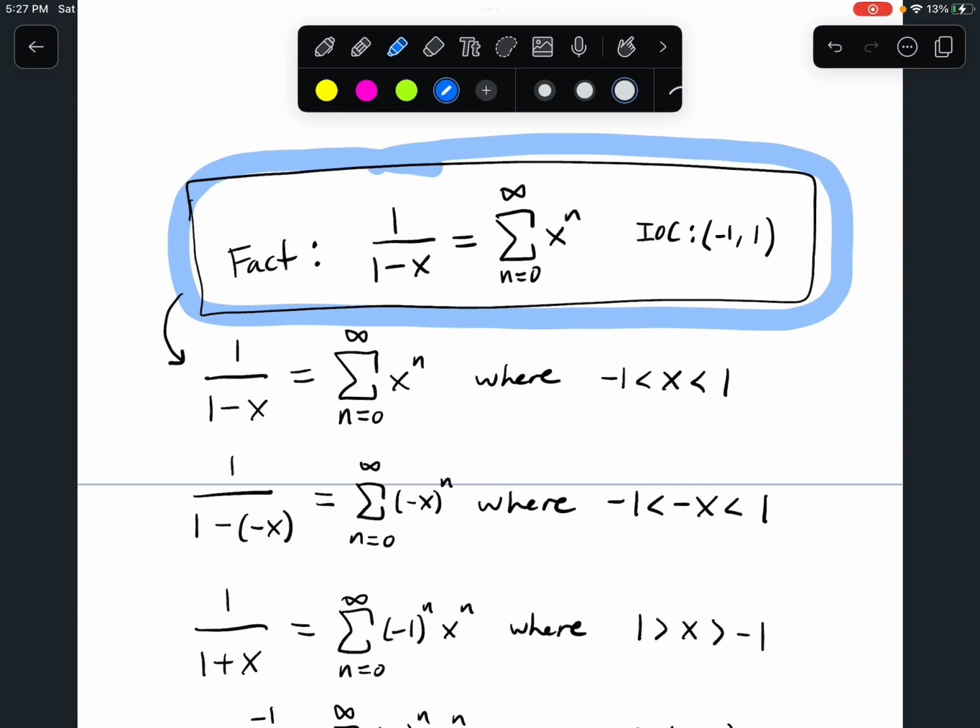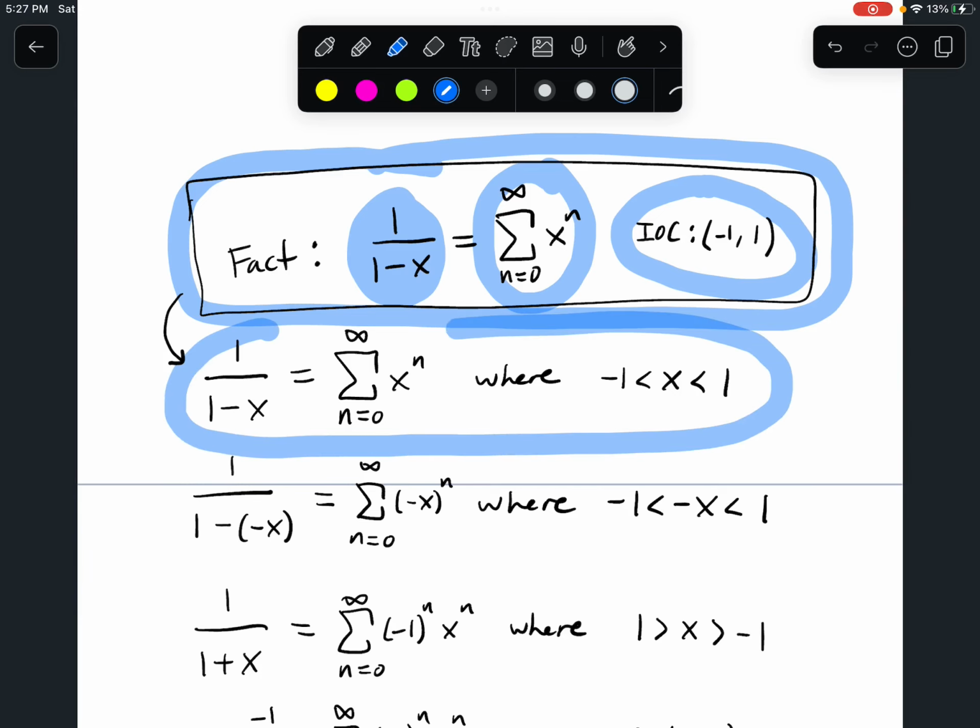In particular, what this is saying is that when x is between -1 and 1, the interval of convergence, then this series converges. And the value it converges to is expressed by this function. So this is spelled out in detail down below.